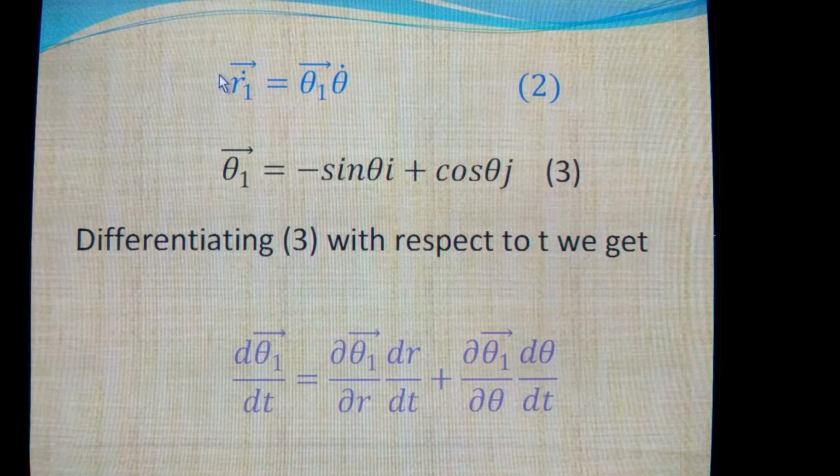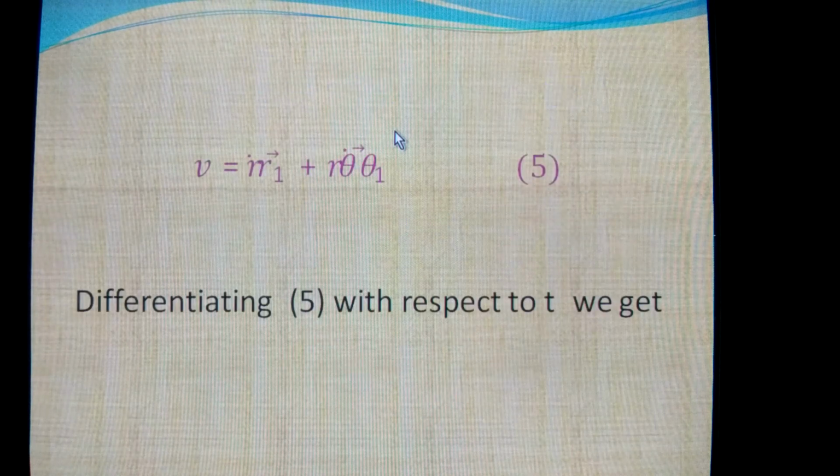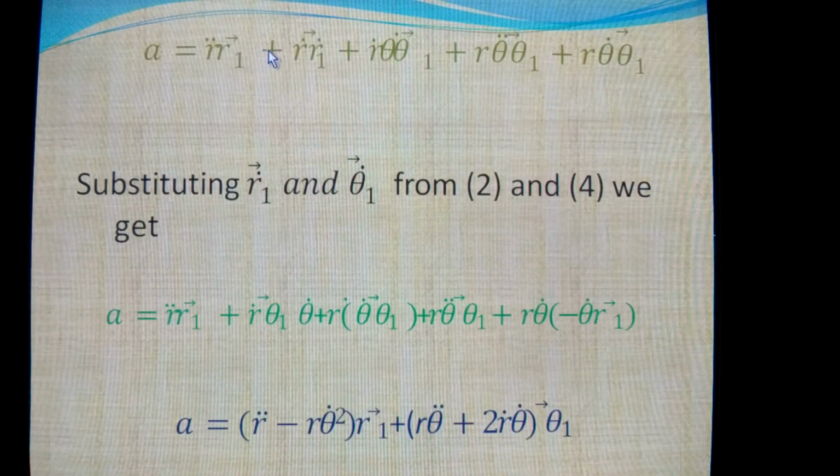So r1 bar dot is nothing but theta 1 bar into theta dot, and theta 1 bar dot is nothing but minus theta dot into r1 bar. So now I substitute r1 bar dot and theta 1 bar dot from those equations. Now I replace those terms.